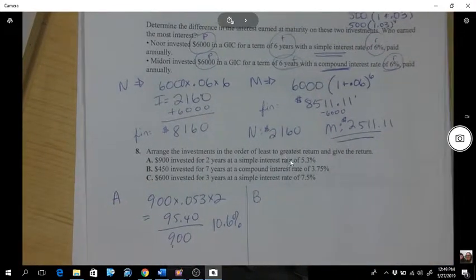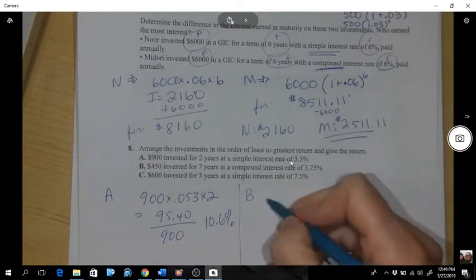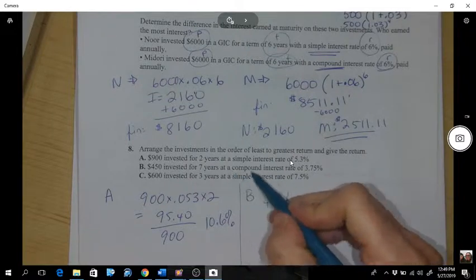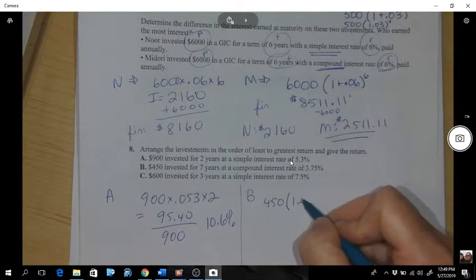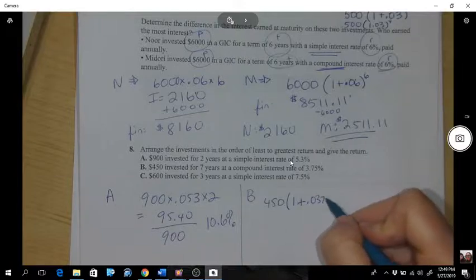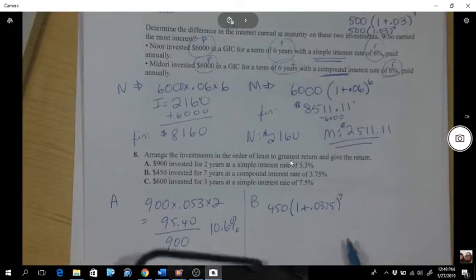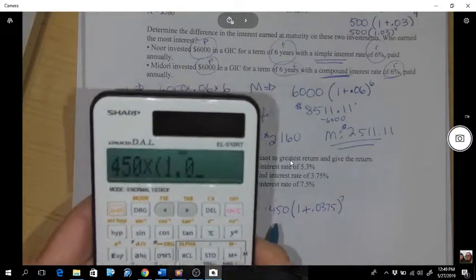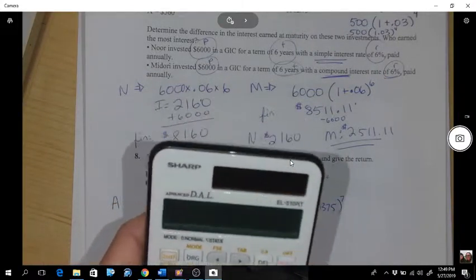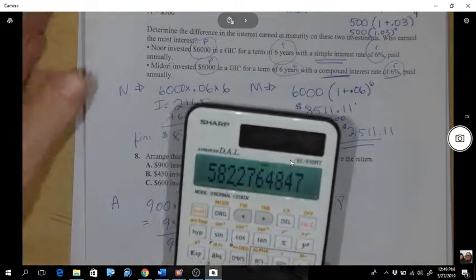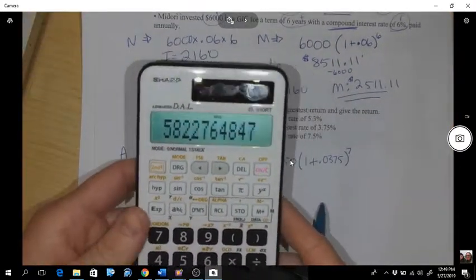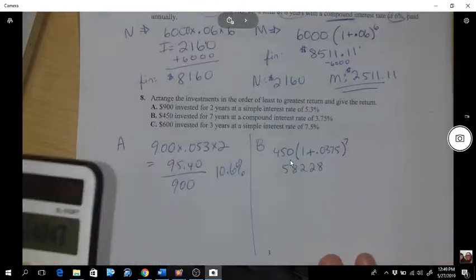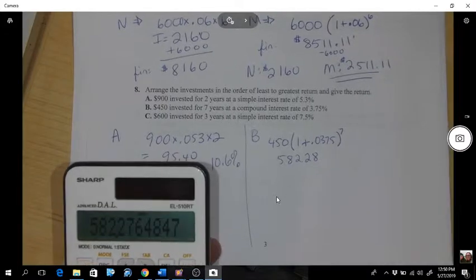Okay, B is a compound, so 450, and we're going to go 1 plus 0.0375 to the 7. Okay, so 450 times 1.0375 to the 7, and we get 582.28, but that's not the interest, that's what it ends up at the end.